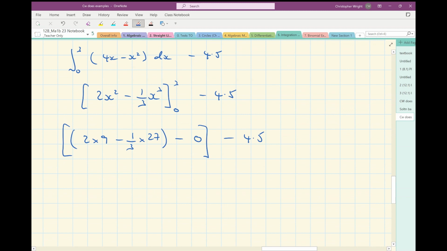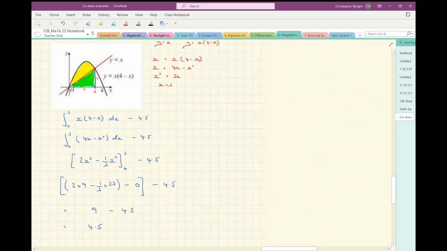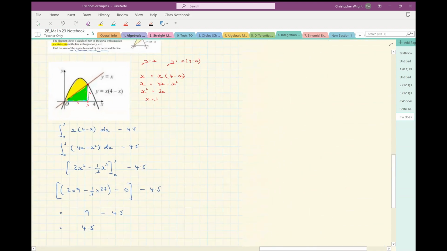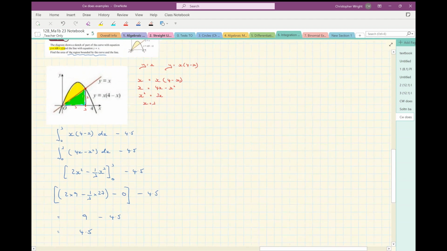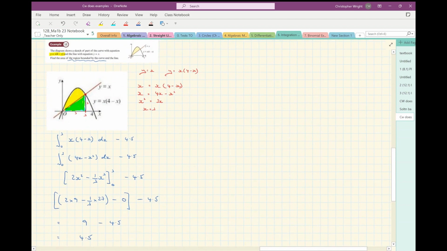Right. So 2 nines are 18, minus 9. So that's going to be 9 minus 4.5, which gives me an answer of 4.5. So the area of the section I'm being asked to find is 4.5. And that is the end of example 12.